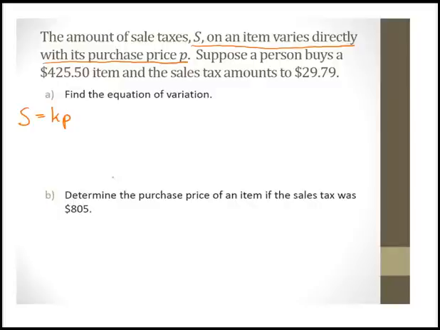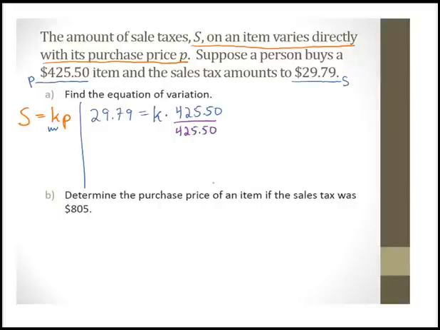Now, I need to figure out what is the value of K for the model. So we have some information. We are told that a $425.50 item, so that's a value of P, has a sales tax of $29.79. That's a value of S. So using that, I can write 29.79 is equal to K times 425.50. I can solve this equation for K by dividing through by 425.50.